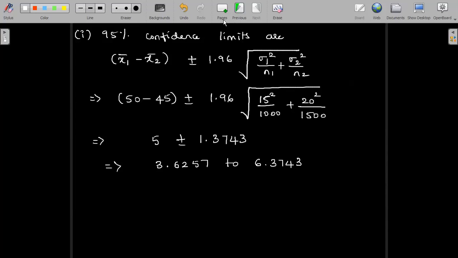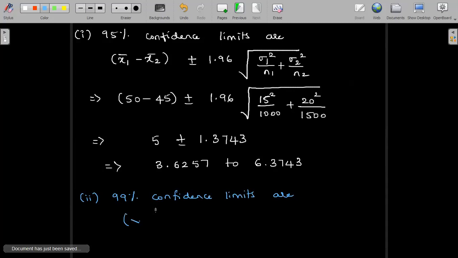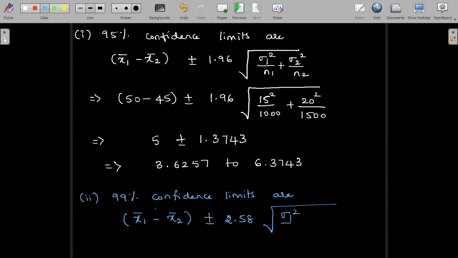Similarly, the next part of the problem is to obtain 99% confidence limits. 99% confidence limits are obtained by the formula x1 bar minus x2 bar plus or minus 2.58 into square root of sigma 1 square divided by n1 plus sigma 2 square divided by n2.